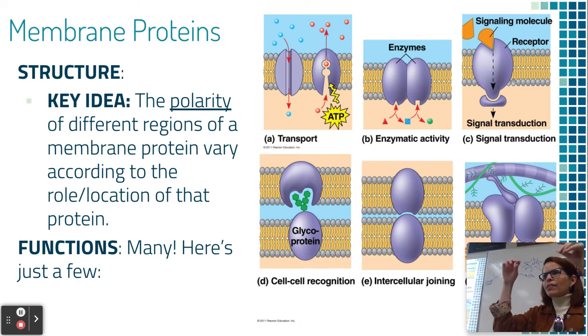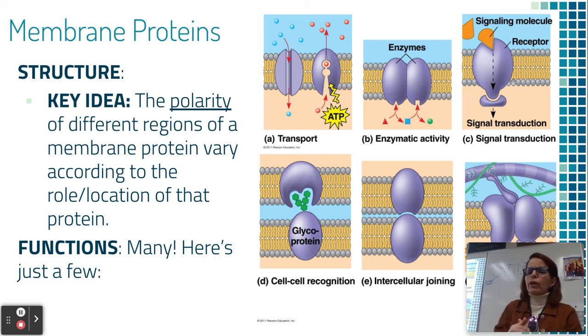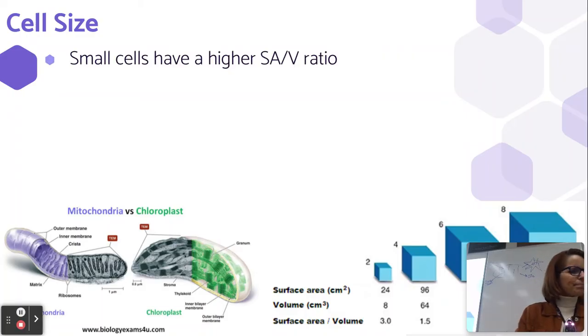So the polar parts are attracted to the heads of the cell membrane, and the nonpolar parts are attracted to the tails of the phospholipid bilayer. And so they stay where they belong. And then they have lots and lots of functions. And this is a little bit introducing us into cell communication. Remember, a ligand will touch a protein and then will transfer a message into the cell. That's a different unit, so we'll review that later.